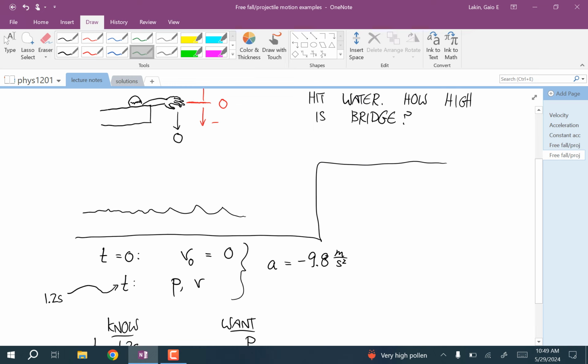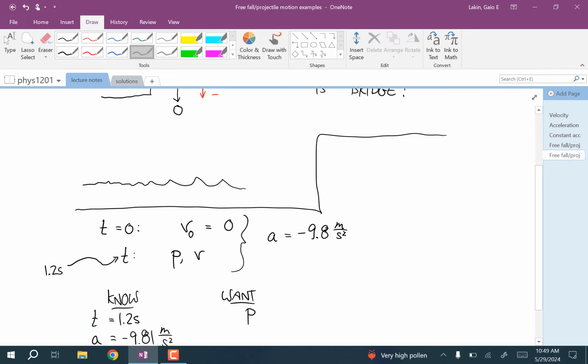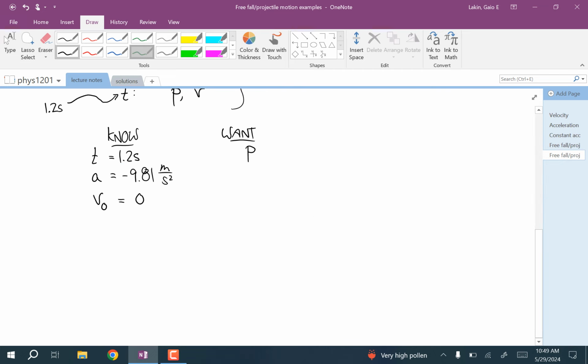So let's think about our 3 equations. The first one says v is equal to v sub 0 plus at. The second one says p is equal to v sub 0 t plus 1/2 at squared.